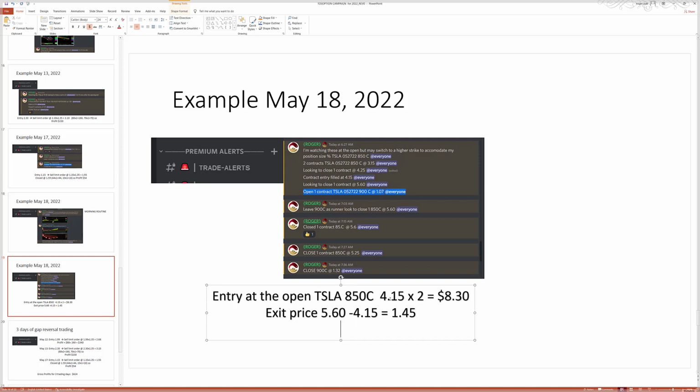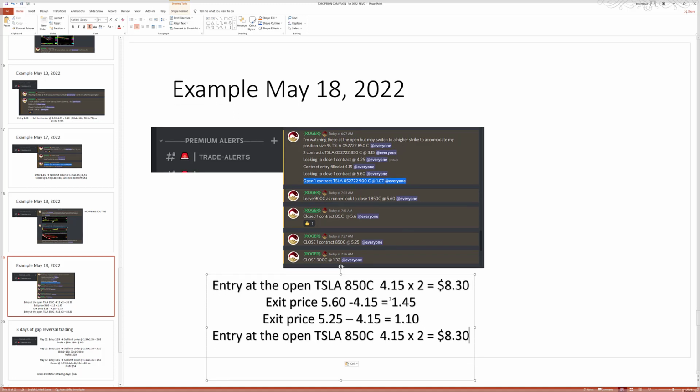And the next one, $5.25 minus 4.15 is 1.10. And then the next one, $1.07.